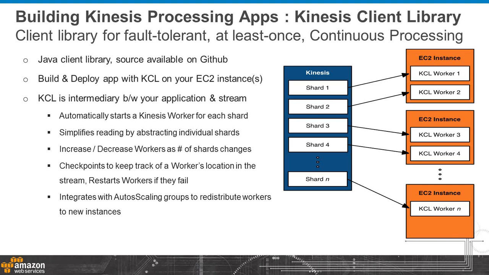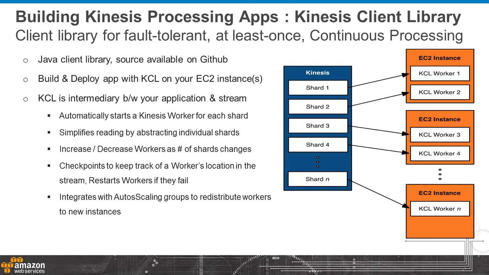Now, as the number of shards in a stream changes, and that can change because of any developer action, the client library will increase or decrease the number of workers running on the EC2 instance or sets of EC2 instances in response to that shard change.